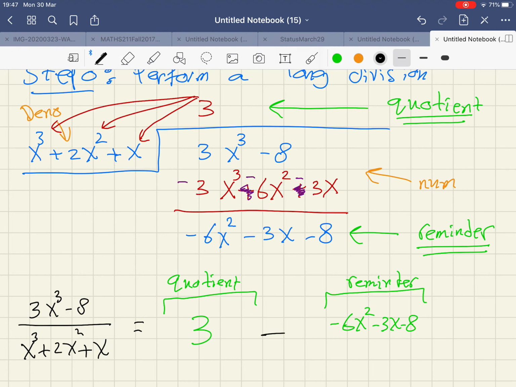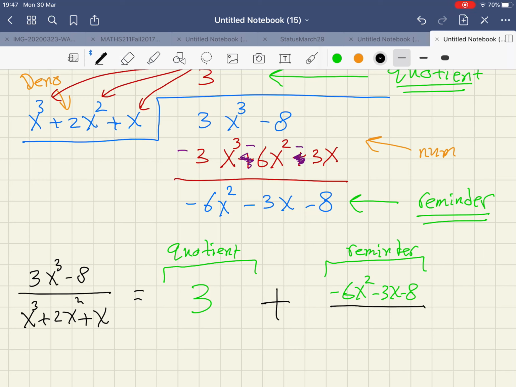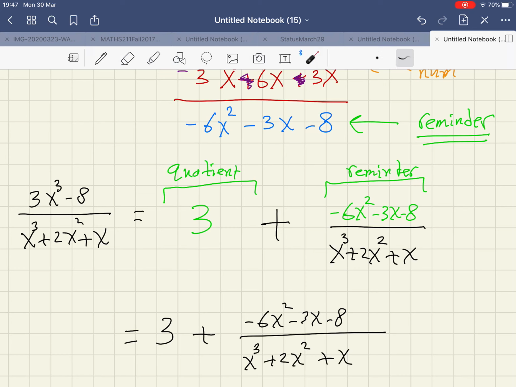The next step, you have to add them. As an extra, you divide this one by the denominator. So it is remainder over denominator. So finally the answer will be 3 plus negative 6x squared, negative 3x, negative 8, over x cubed plus 2x squared plus x. And now you can see that the degree here is 2, the degree here is 3, so we can go back to what we did before and solve the question.